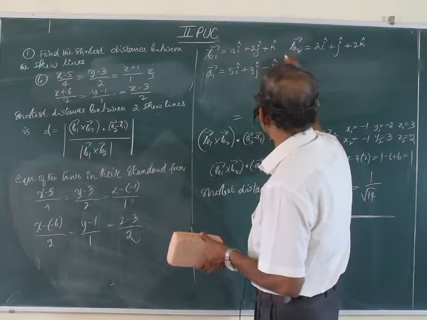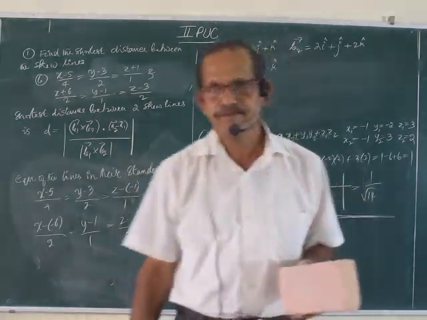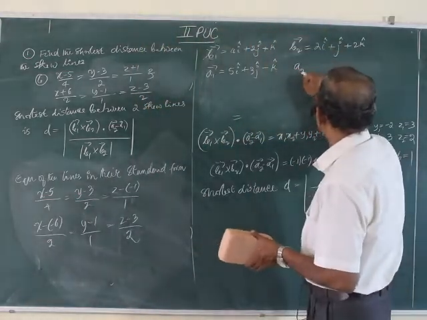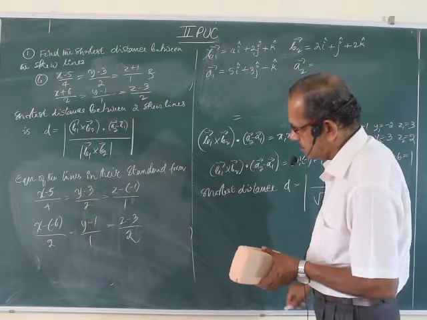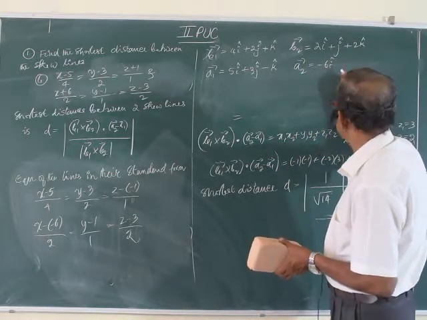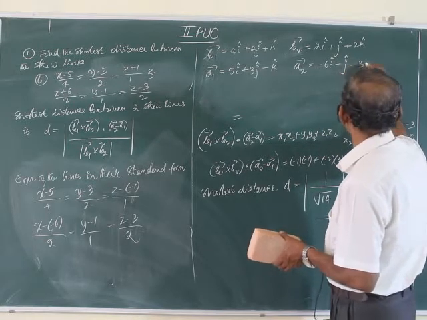Remember, z1 is minus 1. Similarly, A2 is the next vector in the second equation: minus 6i minus j minus 3k.